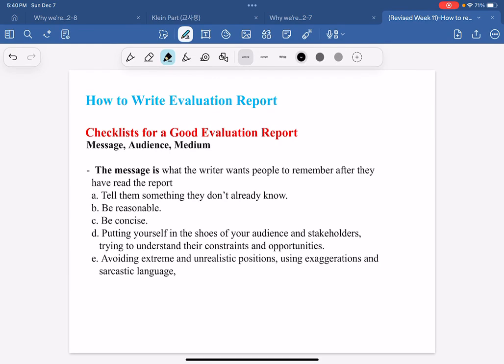Also, when you create the messages, the evaluators need to think about the ideas in the shoes of the audiences and stakeholders, right? And therefore, evaluators need to avoid extreme and unrealistic positions, and avoid exaggeration and sarcastic language.